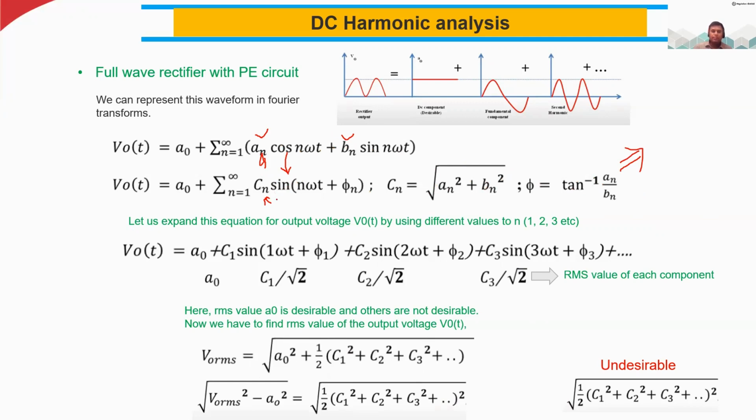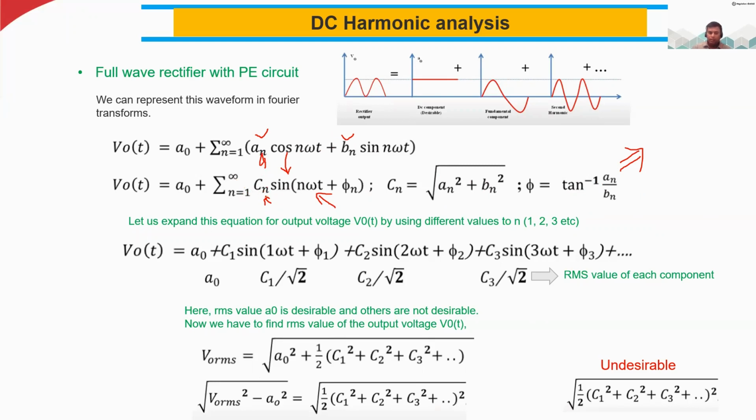So now let us expand this equation for the output voltage Vo of t by using different values of n. Here n is equal to 1 to infinity, right? It means you can apply different values of n.